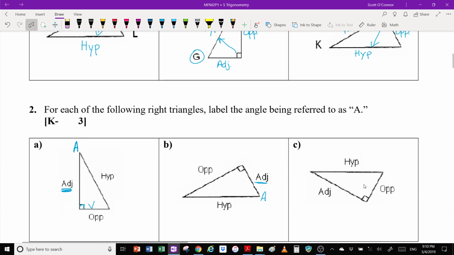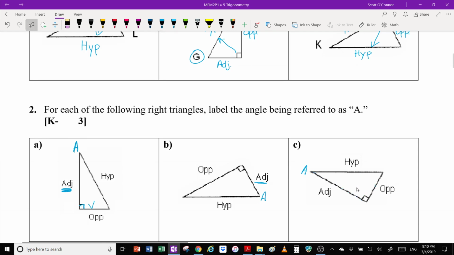If I look at the adjacent, which angle is this going to be next to this side right here? Well, the only possibility is that this is it here, because it can't be, again, the 90-degree angle. You can see these are very easy, and you can always just check, like, this is opposite, this is the hypotenuse, and this is adjacent to A.